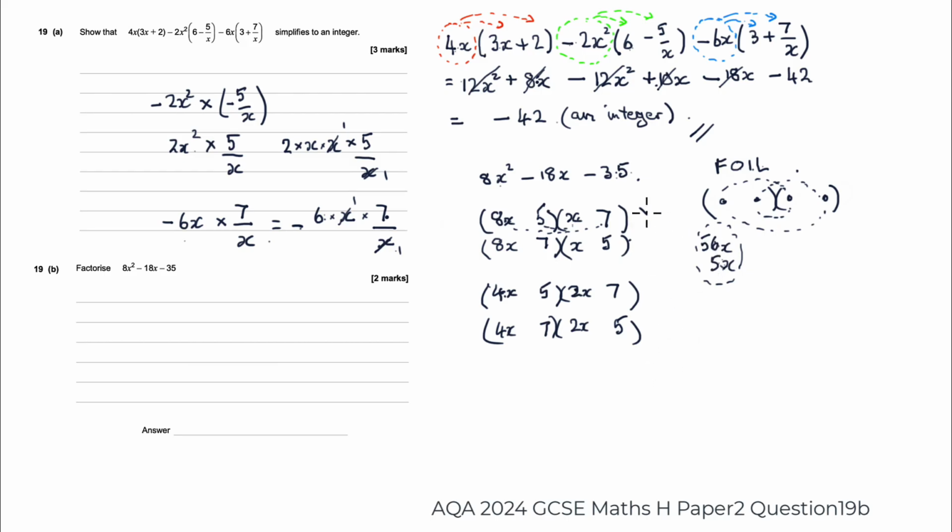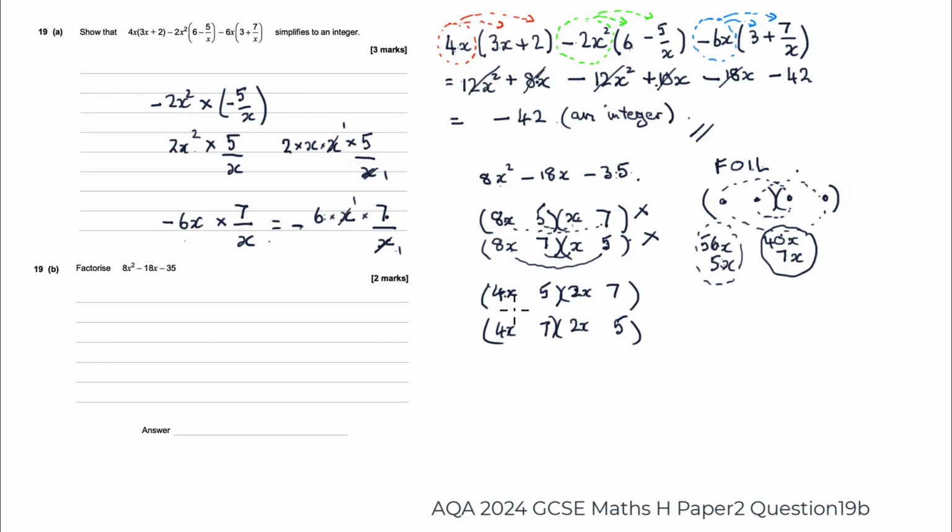So this one's not very promising. Let's try this one. The outside 2, 5 times 8x gives us 40x. And the inside 2, 7 times x gives us 7x. Now, adding and subtracting these, we're still not going to get a negative 18x from these 2.